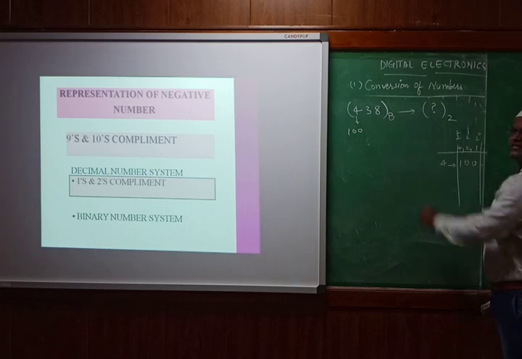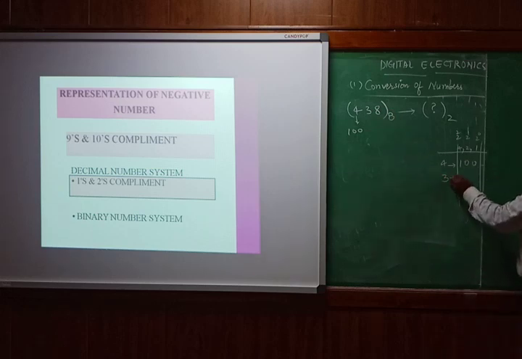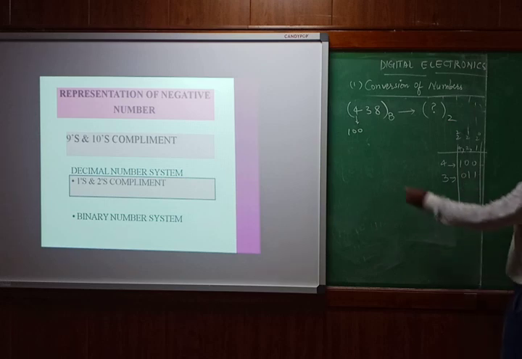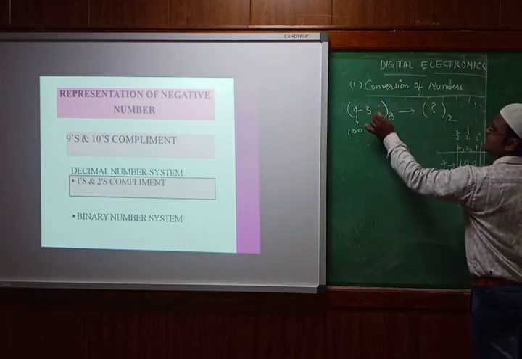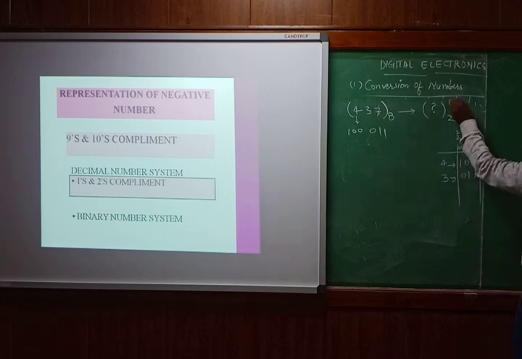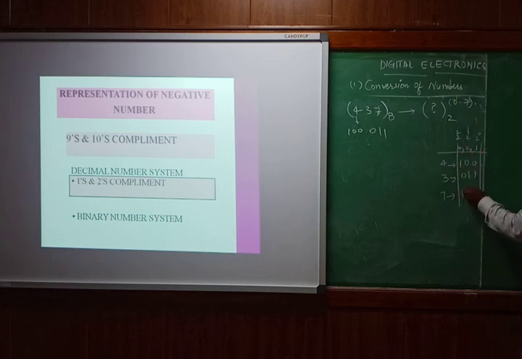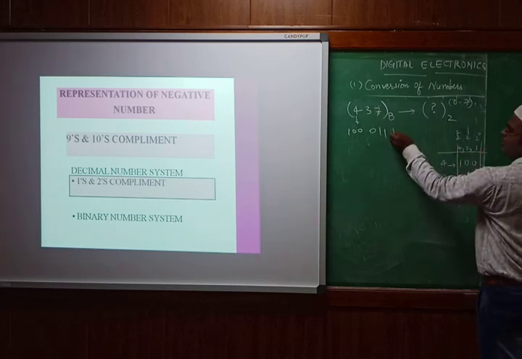Similarly, I do have next 3. How do I mention 3? 3 would be 2 plus 1, and the first will be 0, so I can write 0, 1, 1. Similarly, 8 cannot be considered in octal, because the range for octal is 0 to 7. So for 7, what can I write? 4 plus 2 plus 1, so 1, 1, 1.